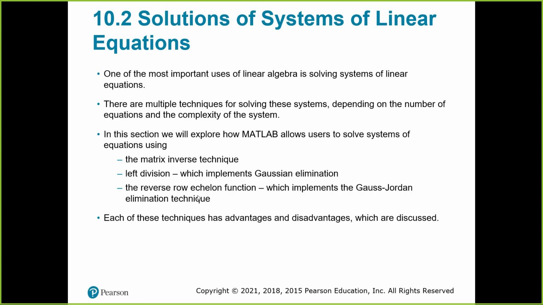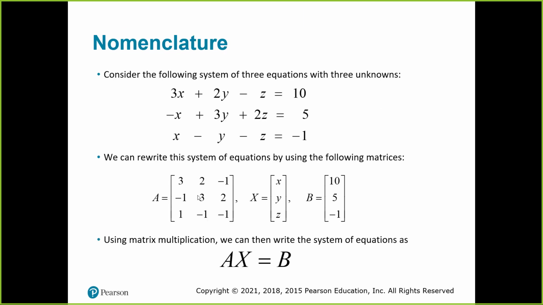Each of these has advantages and disadvantages. So here's a matrix with 3 equations with 3 unknowns, x, y, z, with the resultant vector here. We can write this as a system of equations by pulling out the coefficients from all the variables. If there's a minus there, that makes it a minus, and if a variable is missing, you put in a 0.